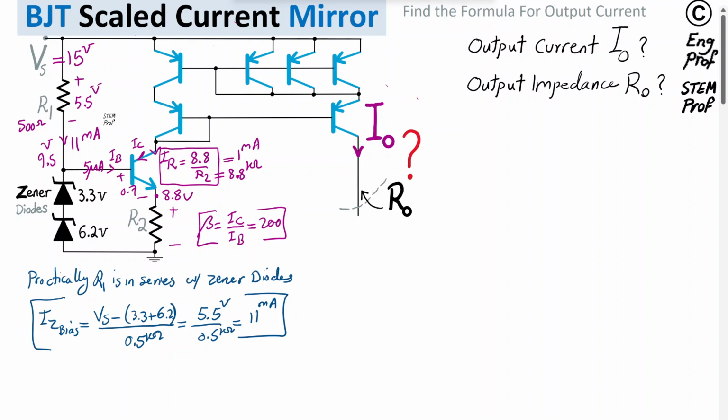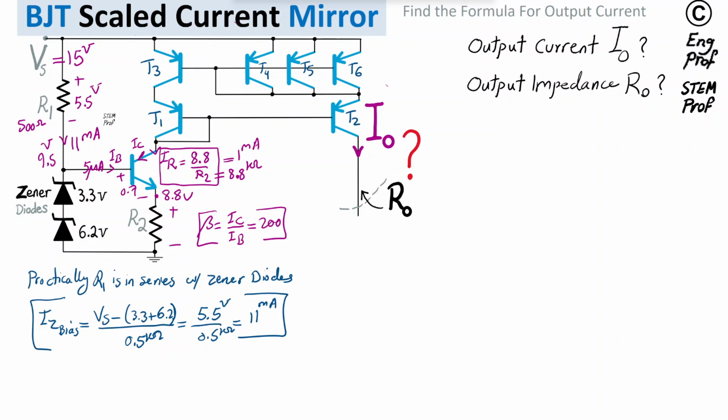So I'm going to write and find out the actual formula for I out. We start from this point. We have the reference current, which is the collector current for this transistor. I'm going to name the PNP transistors like this: T1, T2, T3, and then T4, T5, and finally T6 for the PNP transistors.